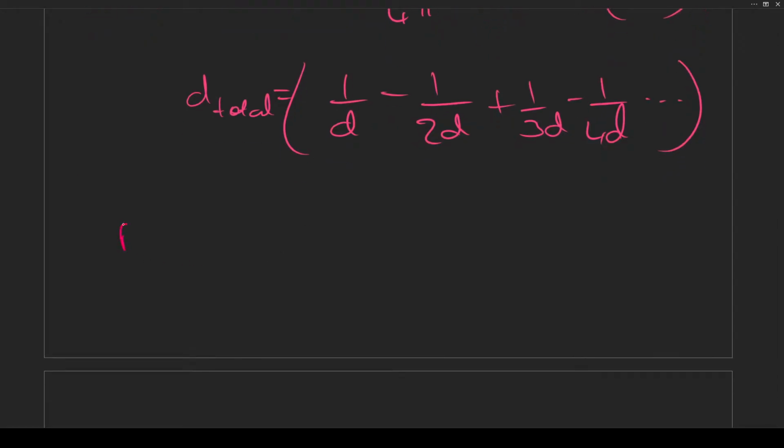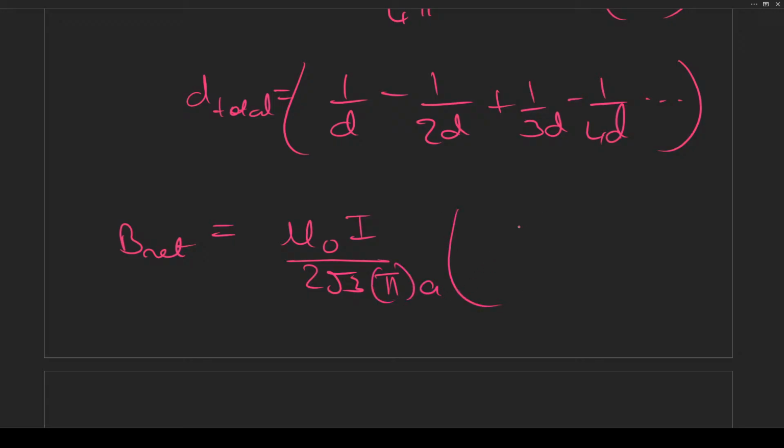And B net value finally is equal to mu naught I by two root 3 pi times A, times 1 minus 1 by 2 plus 1 by 3 minus 1 by 4, and so on.